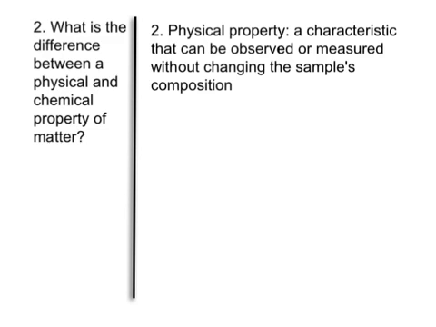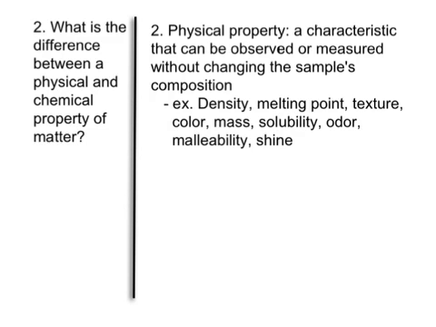Okay, so let's put down some examples of some physical properties of matter, and all of these examples will be things that we can observe about a substance without changing its composition. All right, so here is a list of examples of physical properties. Density is a physical property of matter. Density, we'll see in the next notes, is mass divided by volume. Okay, so when you measure the density of something, you're going to weigh its mass, and then you're going to take its volume, and you're going to divide those 2 numbers.